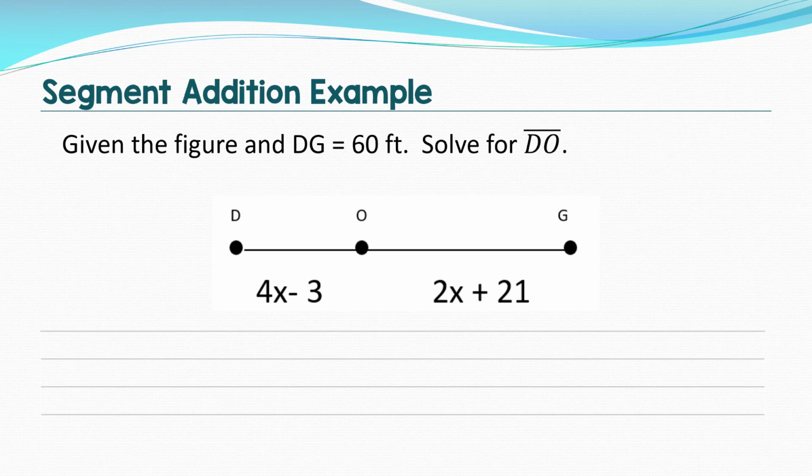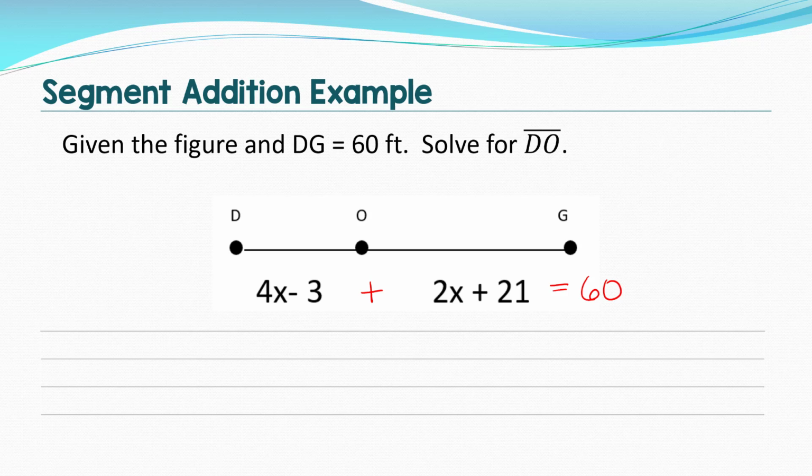Here's another one where we threw in some extra stuff. We have the total of DG is 60 feet. So again, I could write the equation that says DO plus OG equals the total, which is 60. Let's turn this into an equation: 4x minus 3 plus 2x plus 21 equals the total 60.